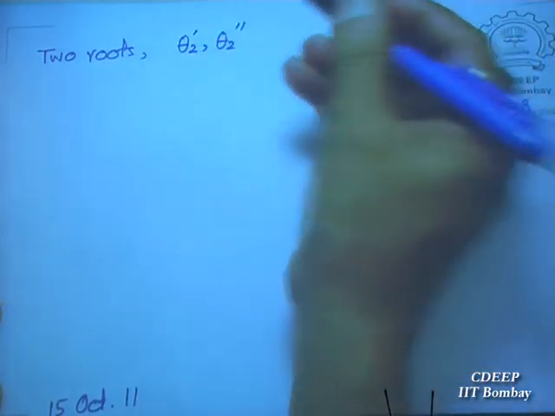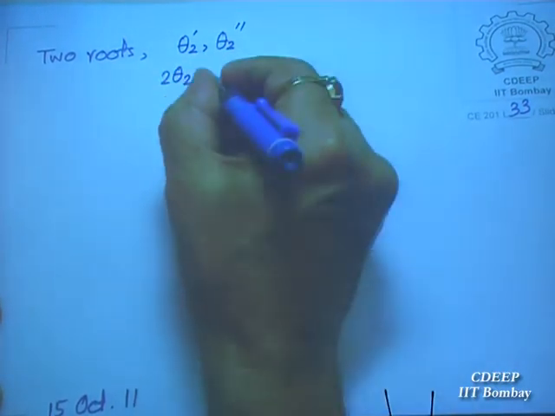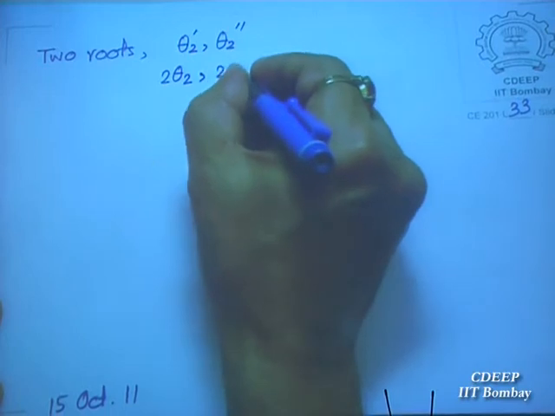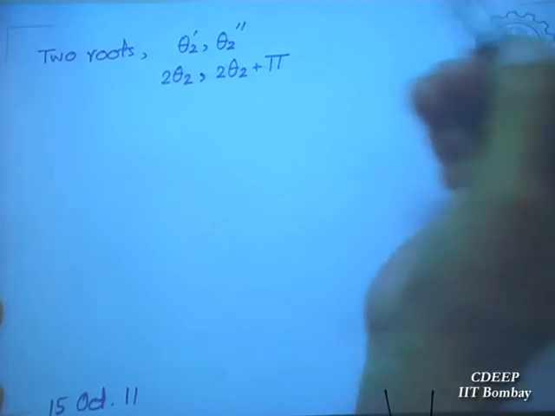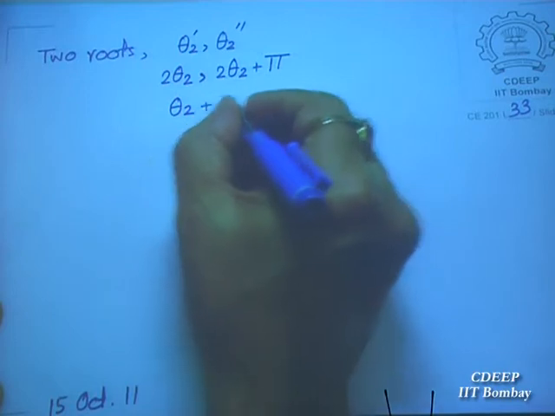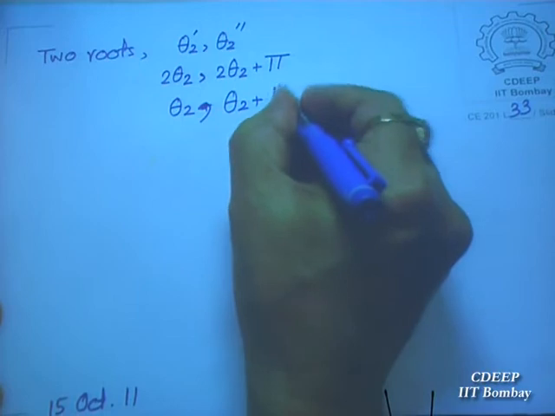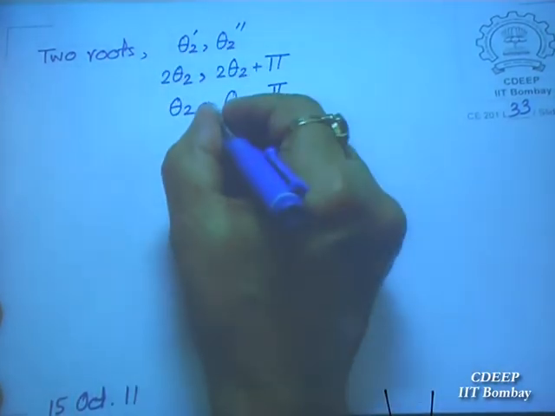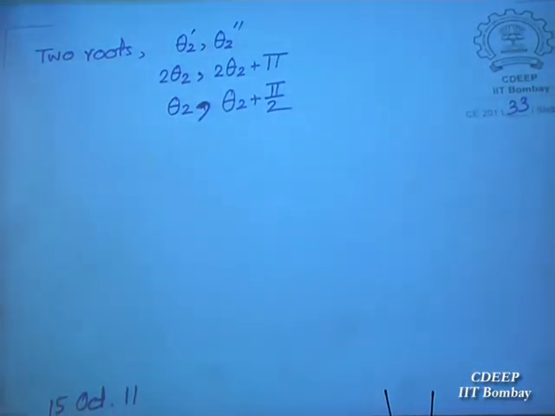Or we can say it will be 2 theta 2, then 2 theta 2 plus pi, or we can say that it will be theta 2 plus pi by 2, obviously pi by 2. The directions are actually separated by only pi by 2, we are only expressing.